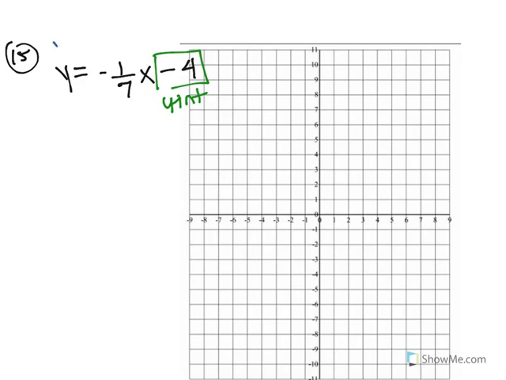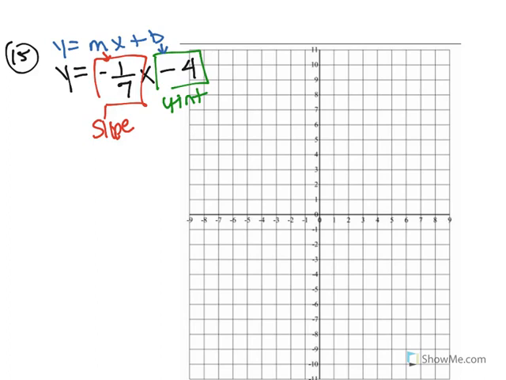And let me write that form up here. That's y equals mx plus b. Okay, it's kind of the famous form for graphing. So that b represents that y-intercept. And then obviously that m, we know -1/7 would be our slope. Okay, that's our movement.